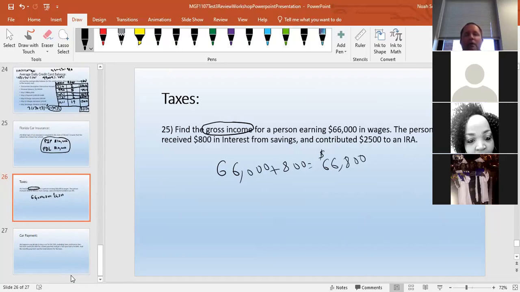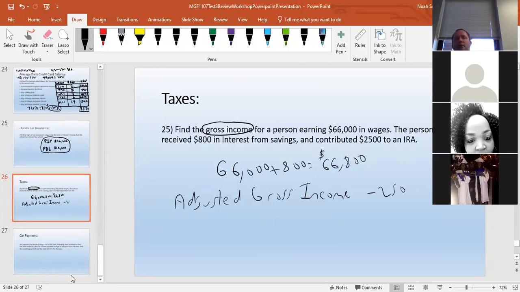But here, this is what I'm going to emphasize. If they were asking for the adjusted gross income, that's what we would do. But we don't want to do that because they just need gross income. Right, gross is before you've ever subtracted from the IRA. So that would be our answer.